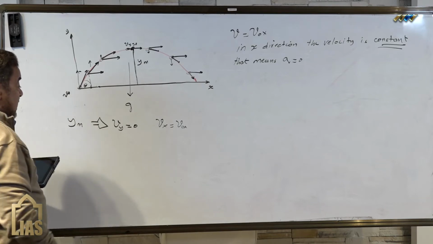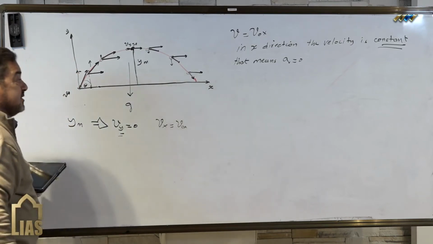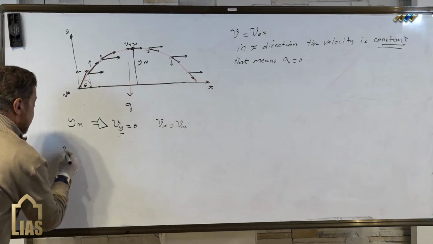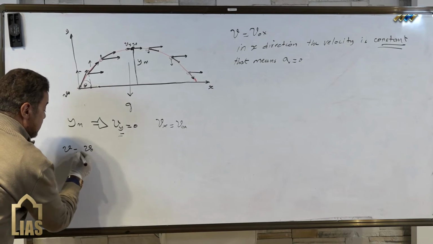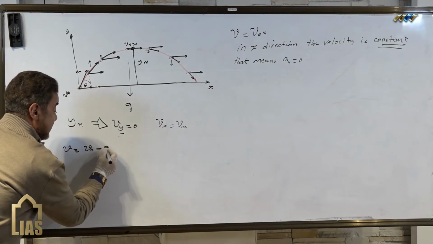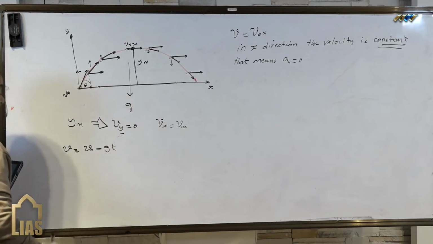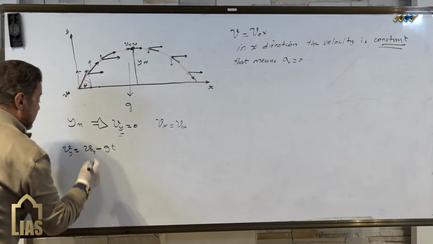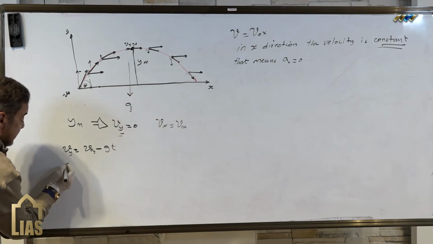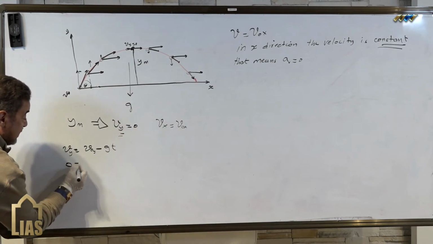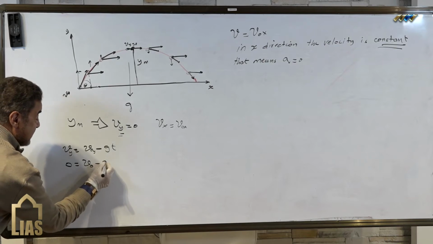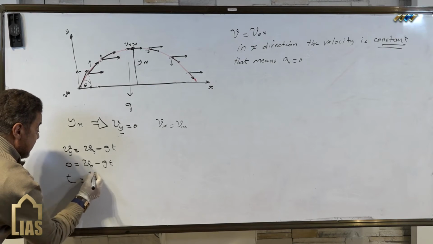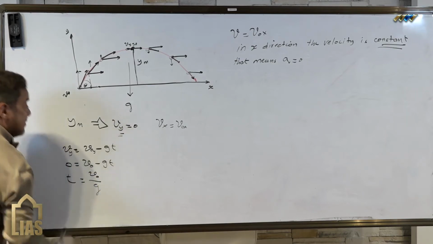Okay. In this case, what's the time? Say v is equal to v0 minus gt. Okay. Vy, okay, is equal to 0, is equal to v0 minus gt, and here t is equal to v0 over g.